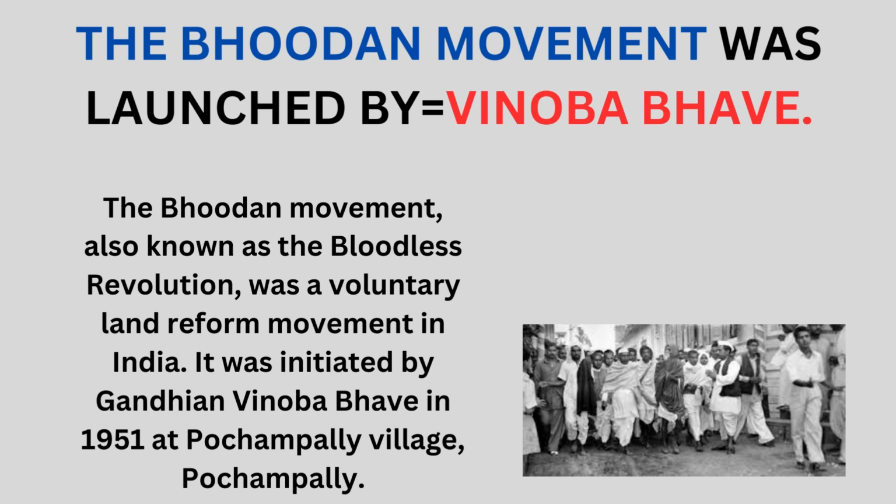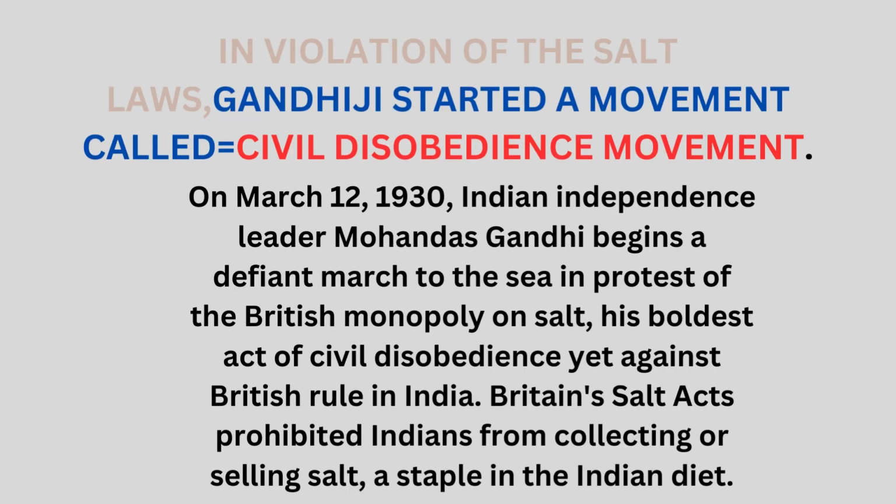And the Bhoodan movement was launched by Vinoba Bhave. The Bhoodan movement, also known as the Bloodless Revolution, was a voluntary land reform movement in India. And next one, in violation of the salt laws, Gandhiji started a movement called the Civil Disobedience Movement.